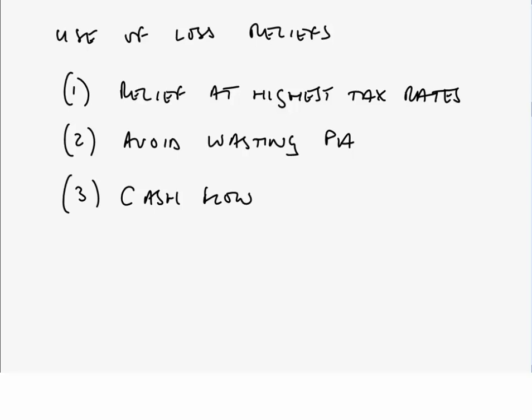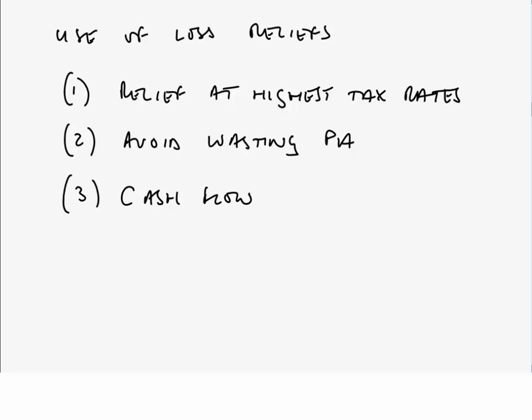But we did suggest a prior year claim, relieving against total income in the preceding tax year, because that would give you immediate relief. We also demonstrated how the loss relief would be applied, and that any balance of loss would be carried forward against the future trading profits of the same trade.